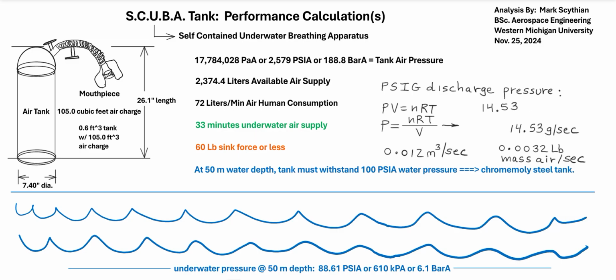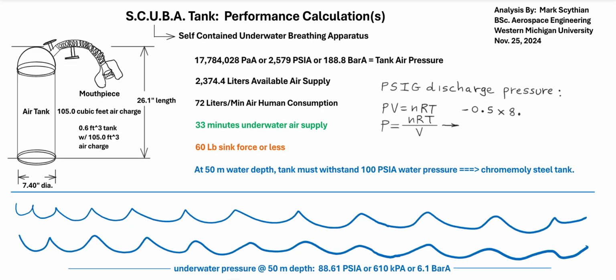That's 14.53 grams per second of air. And so if we divide that into 29 grams per mole for the molar mass of air, we have to discharge 0.5 moles of air per second. So this then becomes a negative value, negative n, or negative 0.5 times the gas law constant times the absolute temperature in degrees Kelvin divided into the structural volume in cubic meters.